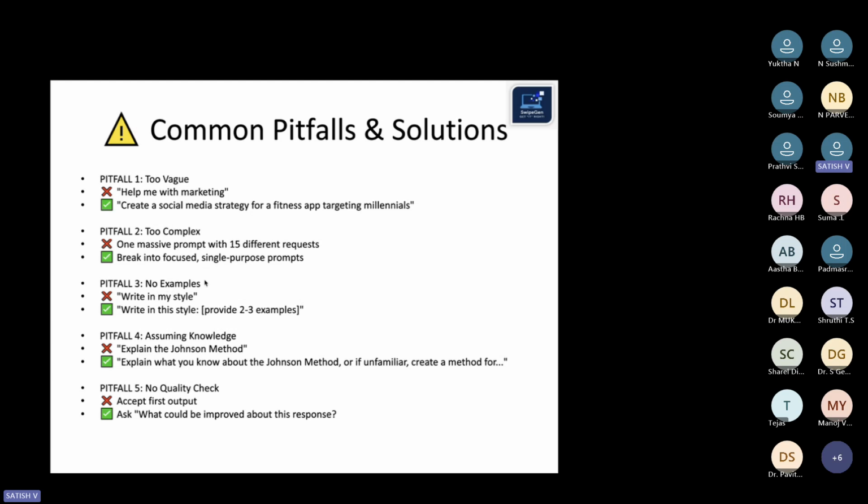Then, no examples: you are asking for some information which you want to display, but if you have no examples or no style, that will be difficult. Asking for an example is always a plus, so that it gives more understanding. Next, assuming knowledge.